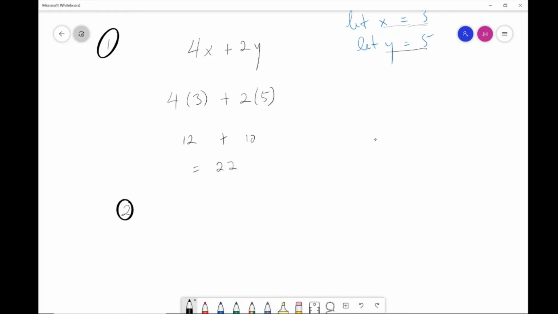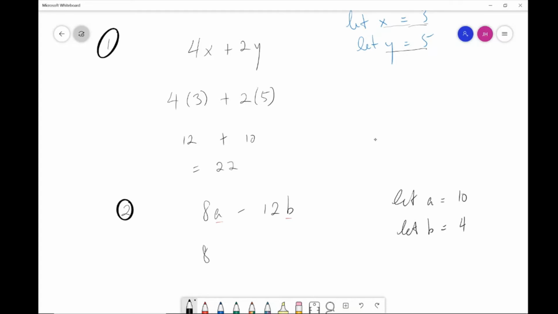Let's say we have 8a minus 12b. You have to know that a and b represent our variables in here. Now I'll give you the second part of the instructions, which is to let a equal to 10 and let b equal to 4. Okay, so continue with question number 2.